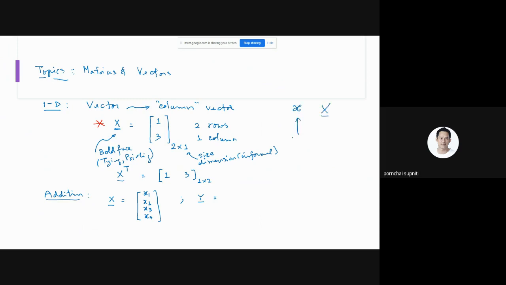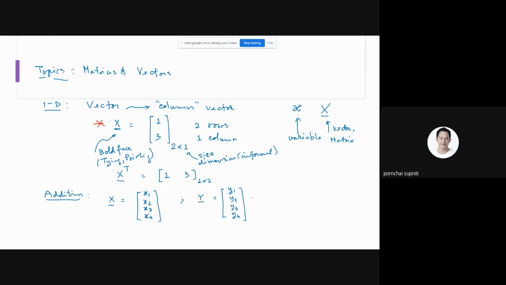So this will be a variable, and this will be a vector or a matrix. We always do that. In this case, let y be a 4 by 1 vector.